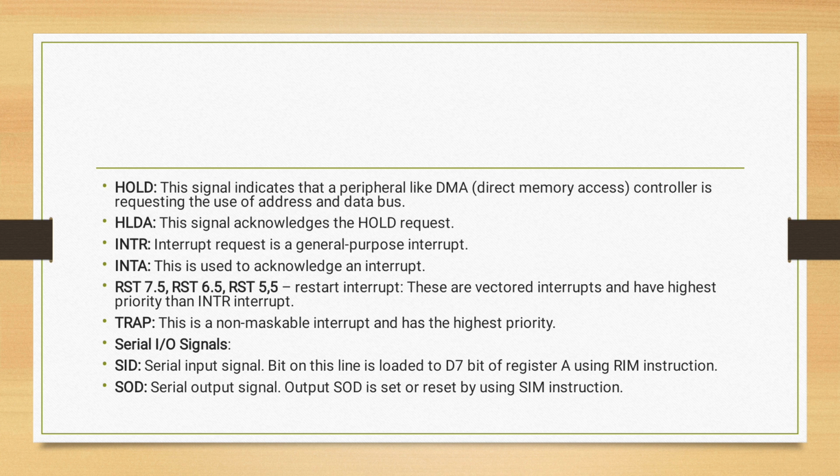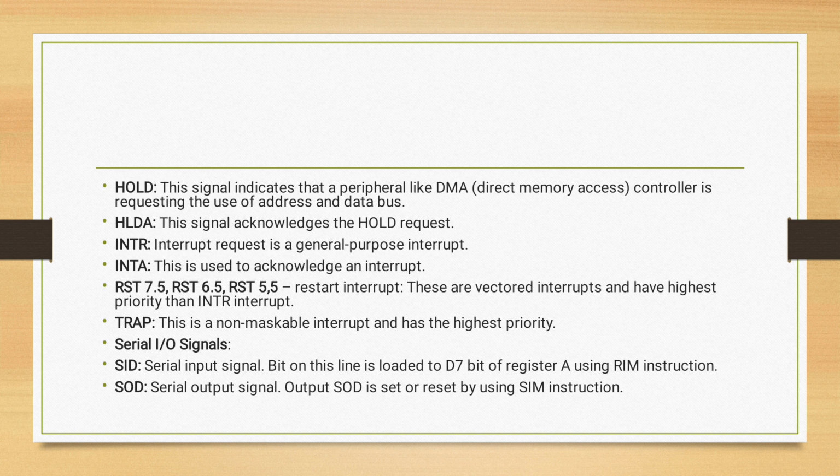After TRAP, the next highest priority interrupt is RST 7.5 with vector location 003C, then RST 6.5 with location 0034, and then RST 5.5 whose location is 002C. So RST 7.5, RST 6.5 and RST 5.5 are the restart interrupts.